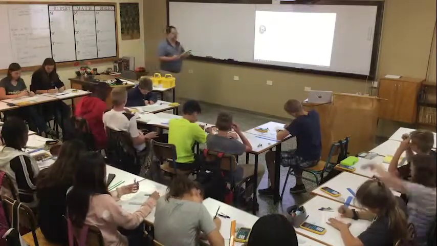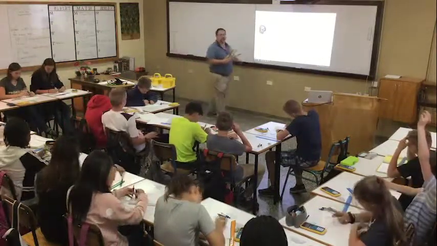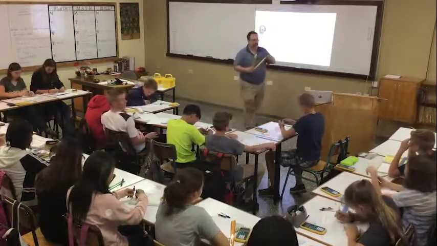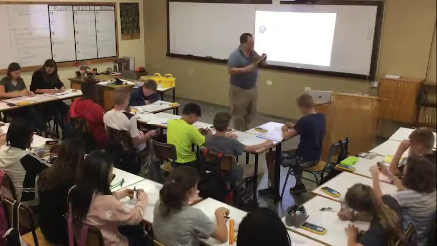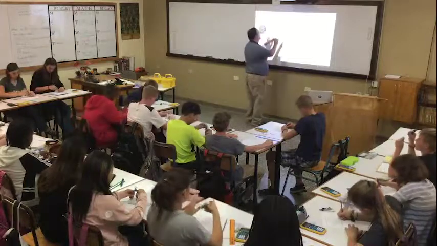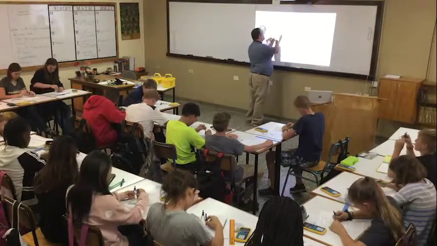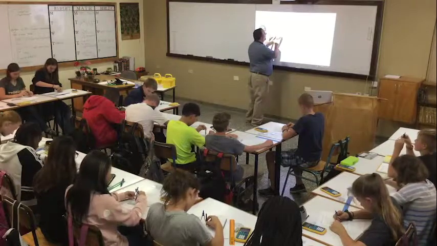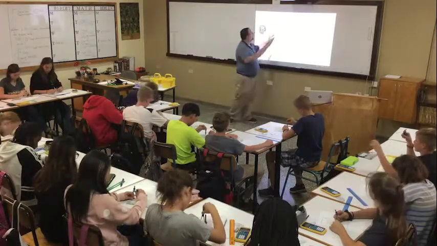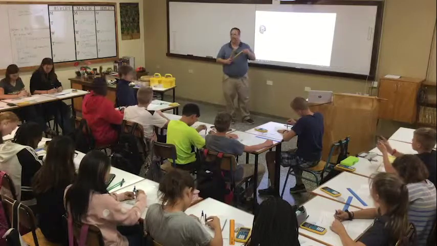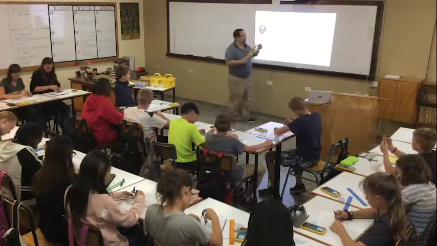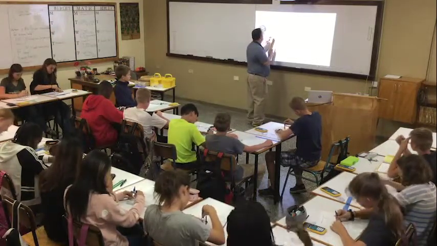What is the first thing we have to do? Set your compass so that it's a little bit more than half. So I'm going to put the tip on X and set it just a little bit more than half. What's the next thing I've got to do? Draw a big arc.